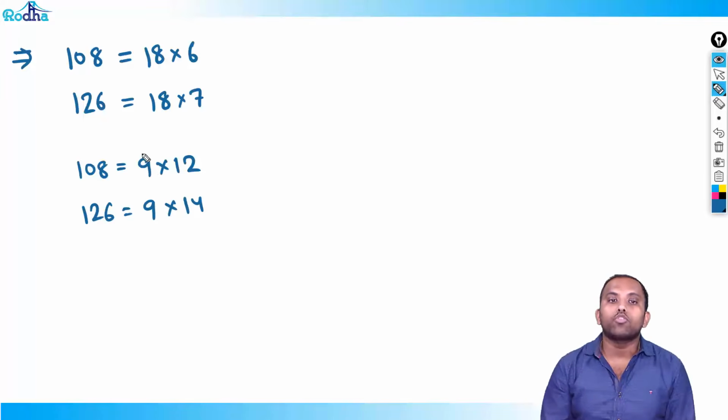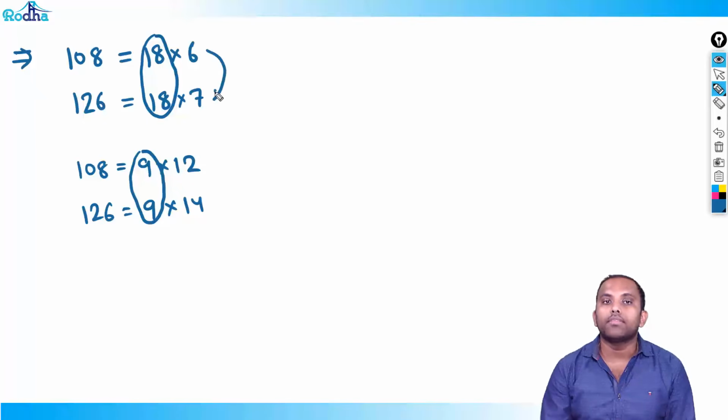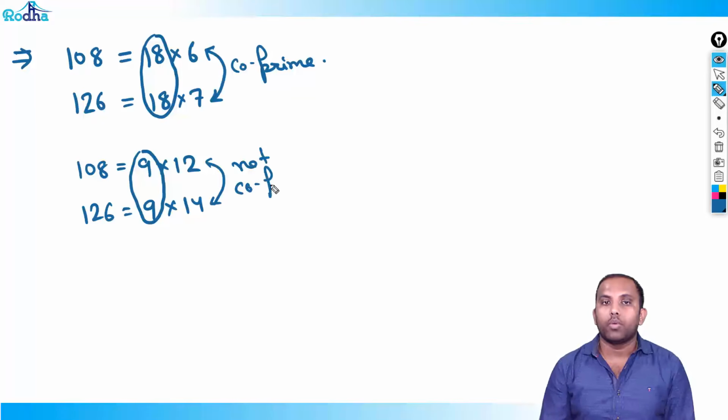We can say this common factor is the HCF, the highest common factor, when the numbers left out are co-prime. In this case, 12 and 14 are not co-prime, which means 9 is not the HCF.